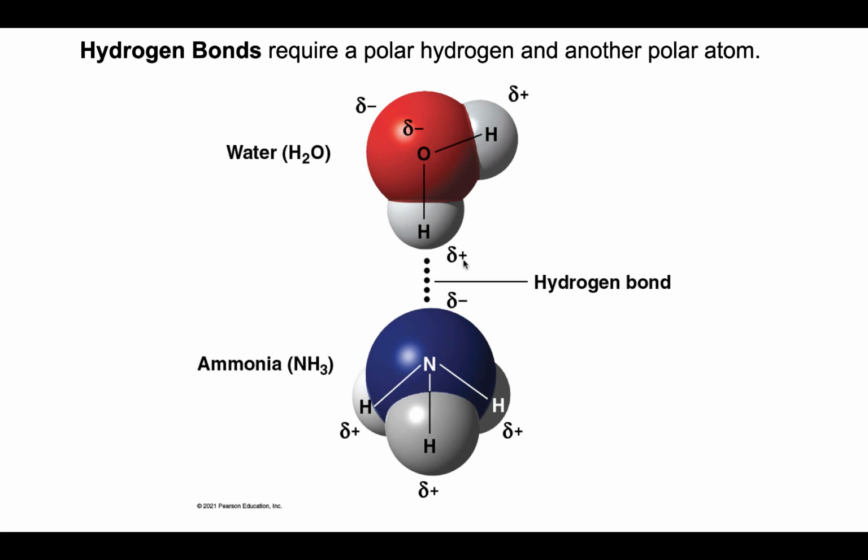The other half is a partially negatively charged other thing. Here, our ammonia is a nitrogen connected to 3 hydrogens. And we know this nitrogen is going to be partially negatively charged because we know nitrogen is more electronegative than the hydrogens that it's covalently bound to.